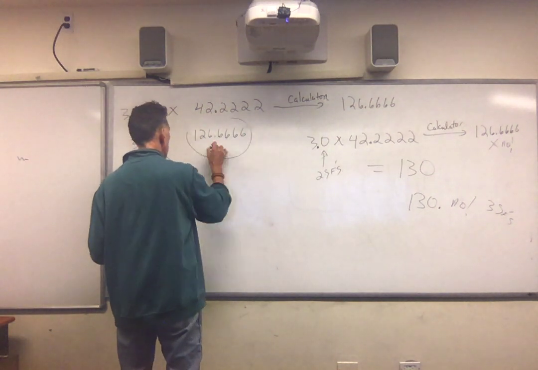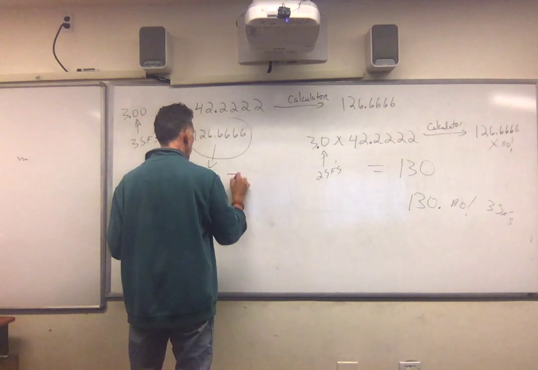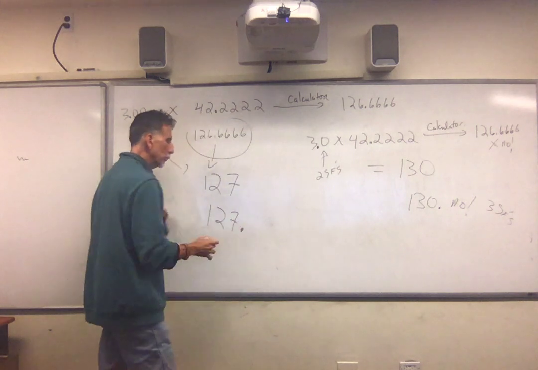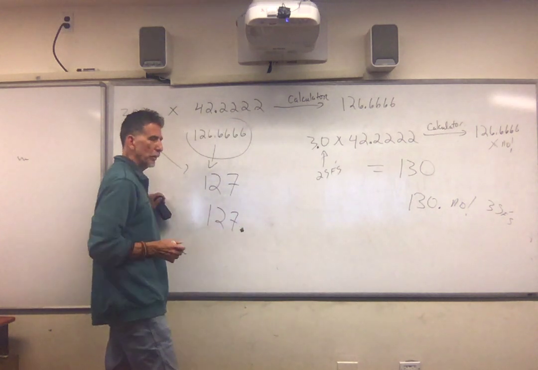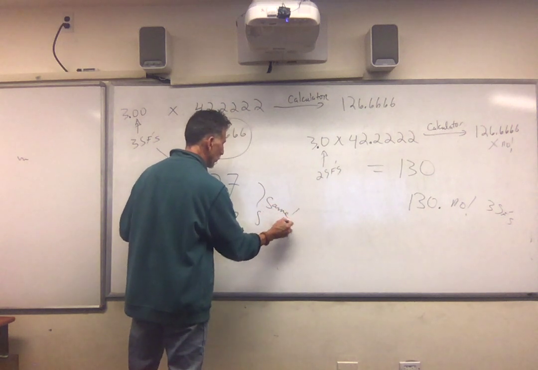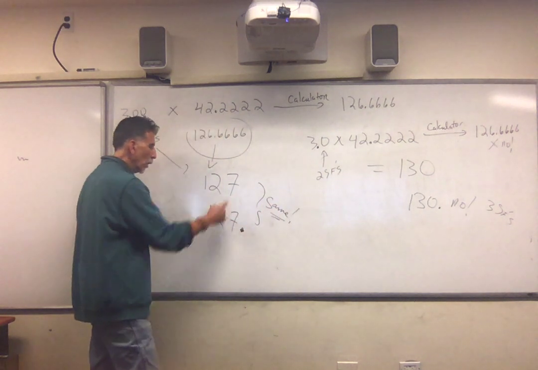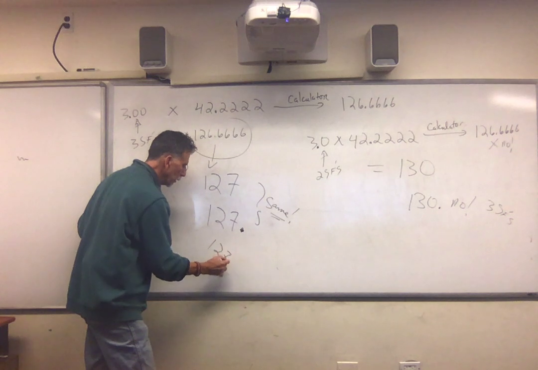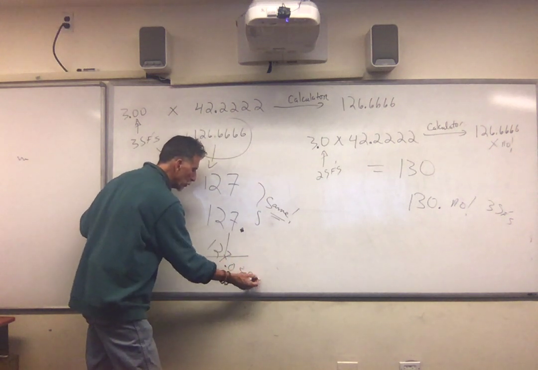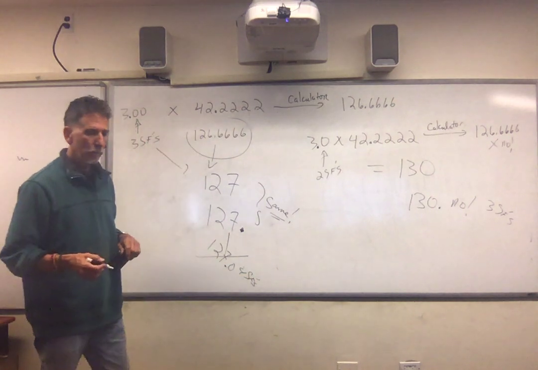This is simply 127. What about 127 with a decimal? That's a decimal. Okay? The same. Decimal doesn't change it. What if I wrote 127.0? No, that's four significant figures.